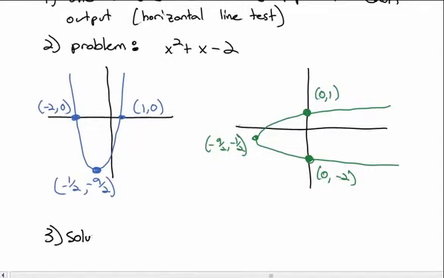What we're going to do for our solution is we are going to limit the domain so it is one-to-one. In other words, if I look at my function, there's a left side and a right side to this blue graph.